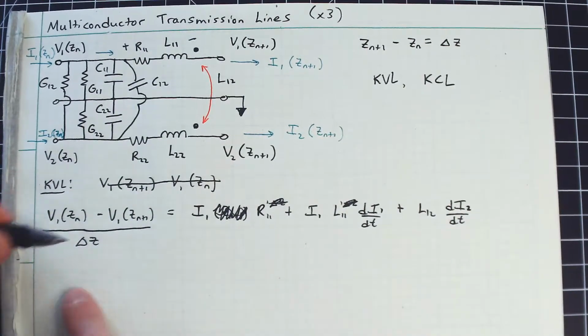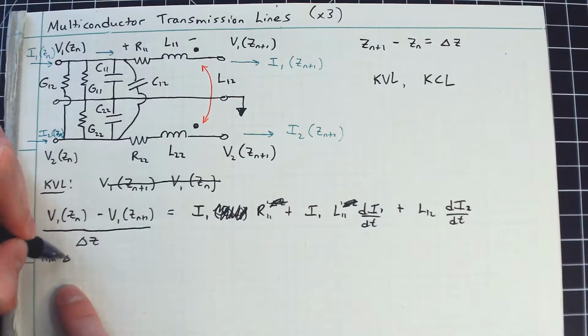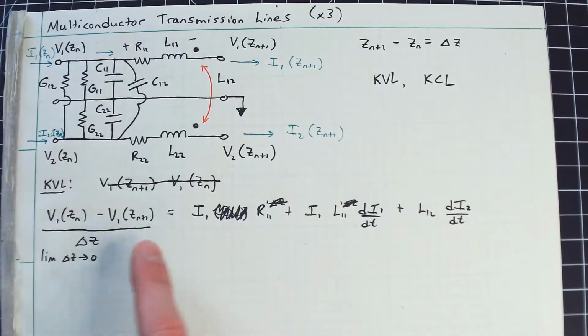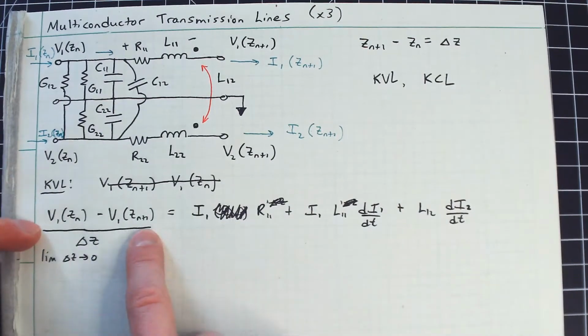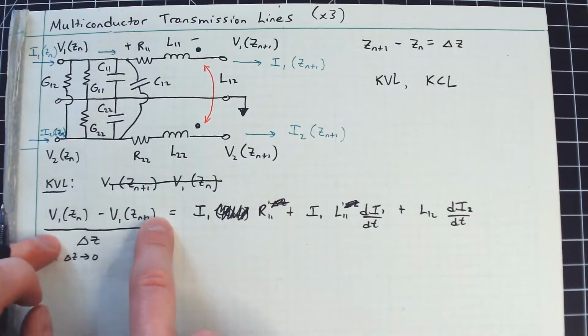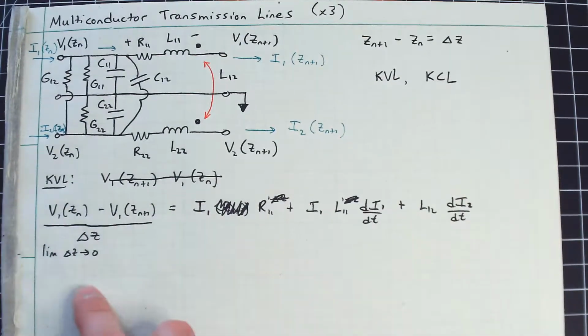And what we're going to do is just take the limit as delta z approaches 0, just like we did before. So I'm going a little quickly here, but that just means this little term on the left is going to turn into a derivative. And in particular, the finite difference is backwards, so I have to put a minus sign here.